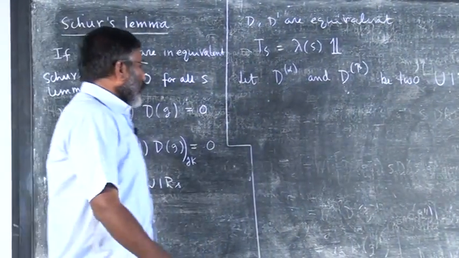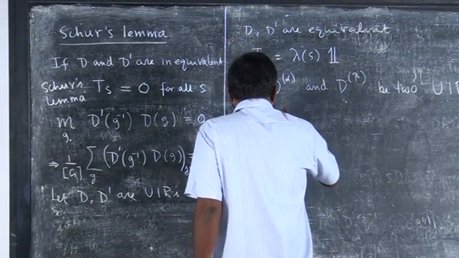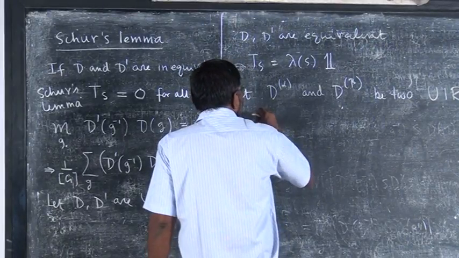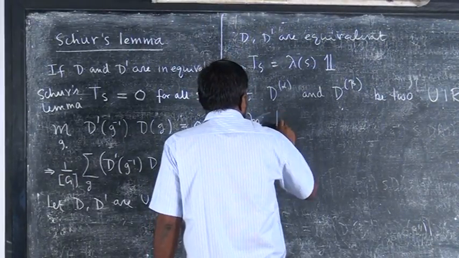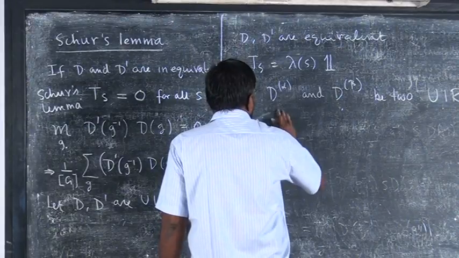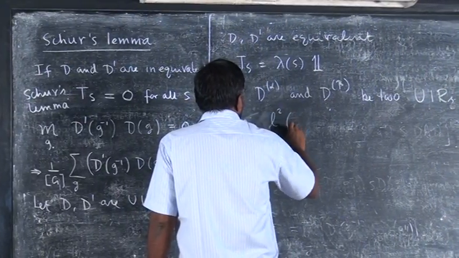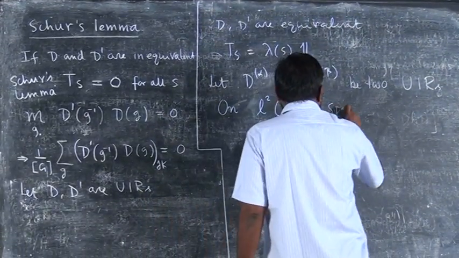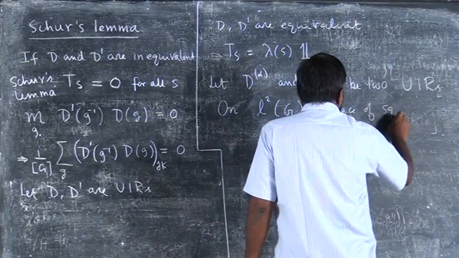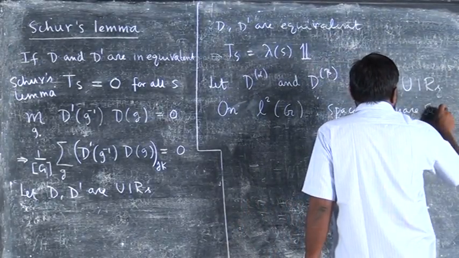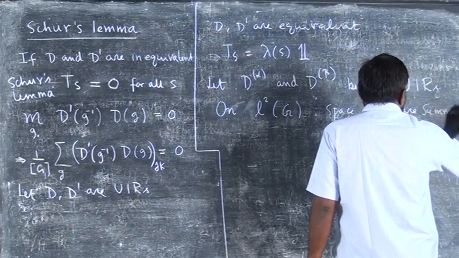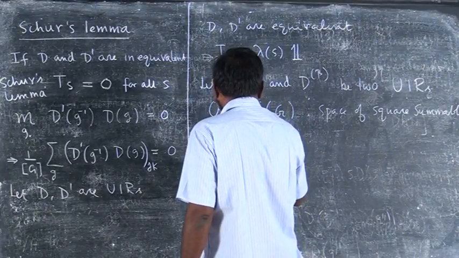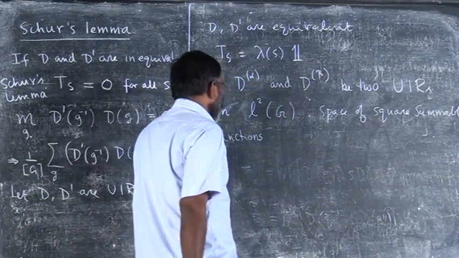Okay, then we can define on L2 of G, this is the space of square summable functions.